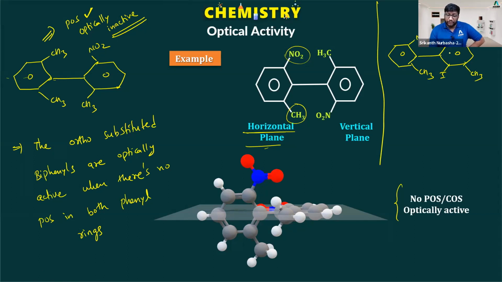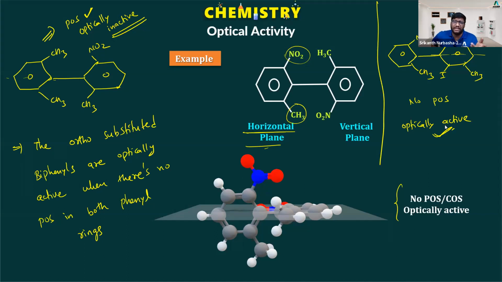But if you look at this biphenyl system, both the iodines are the same at the ortho positions, but it is not symmetric. Although the iodines are the same, here a meta substituted methyl is there. If you consider any plane, that is not symmetry. So no plane of symmetry. Optically active. Like that, you have to look at the optical activity in allene systems and biphenyl systems.